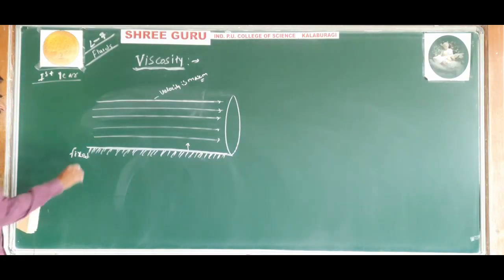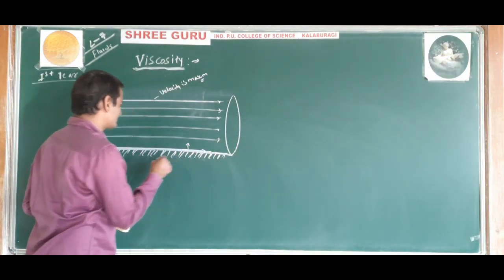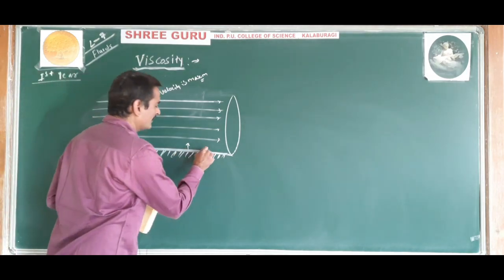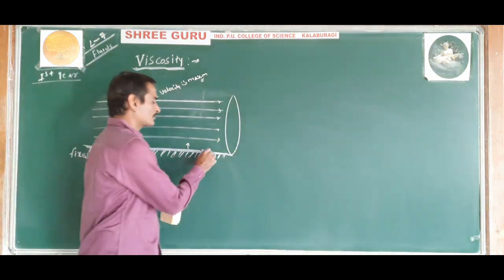Whereas the layer which is in contact with the fixed surface has velocity 0; it is said to be at rest.